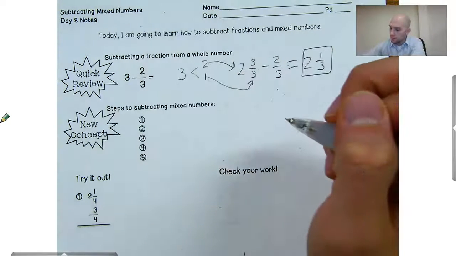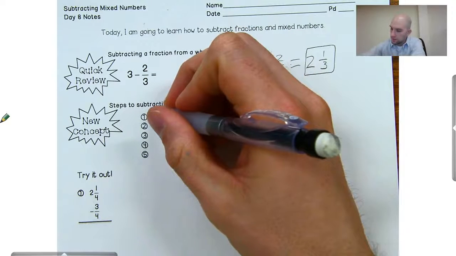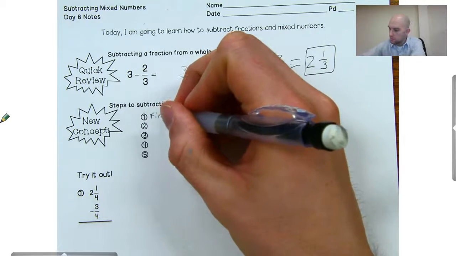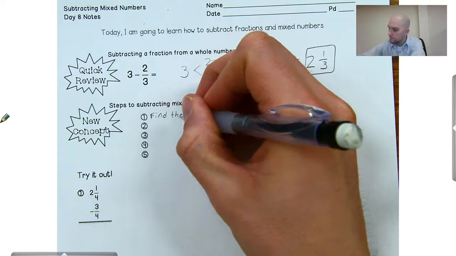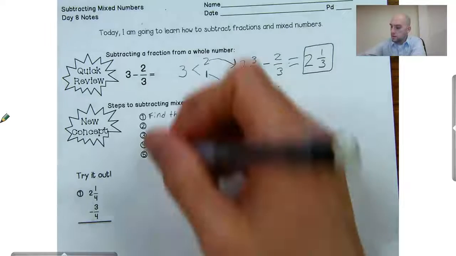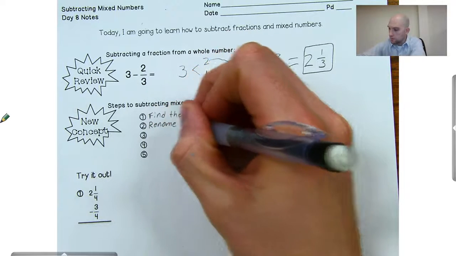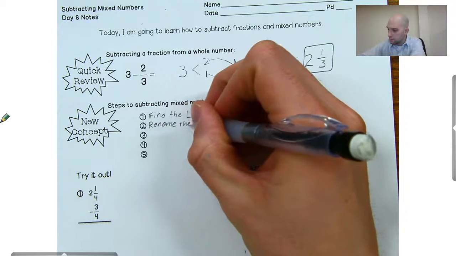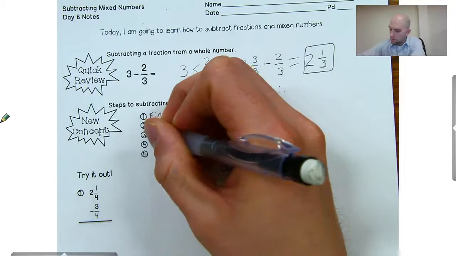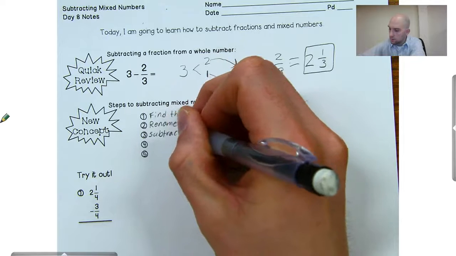So let's look at our steps for subtracting mixed numbers. Our first one is we're going to still need to find the lowest common denominator. Next, we need to rename the fractions. Then we subtract the numerators.